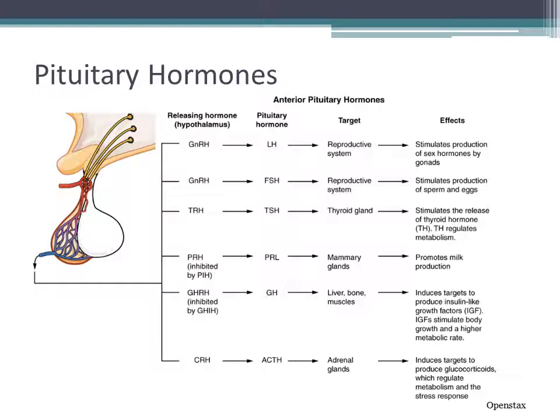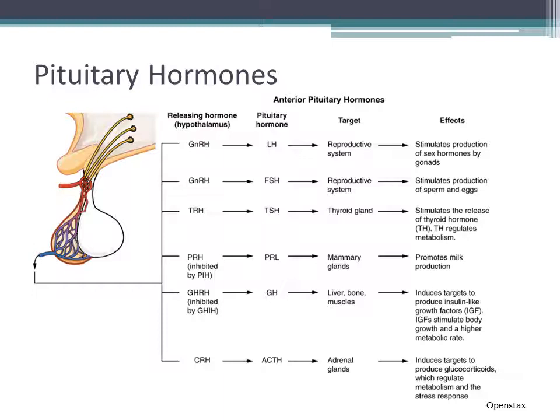The 5th axis is growth hormone axis, which is under control by growth hormone releasing hormone from the hypothalamus. And growth hormone will exert its effect directly on all body tissues, but it will go to the liver and produce from there the IGF-1, which also exerts some of the functions of growth hormone.